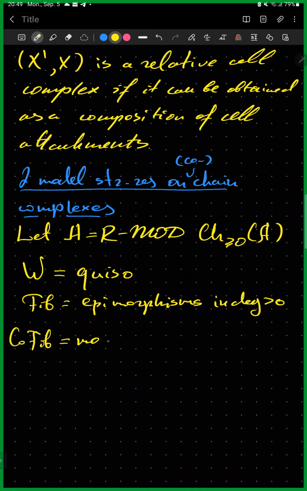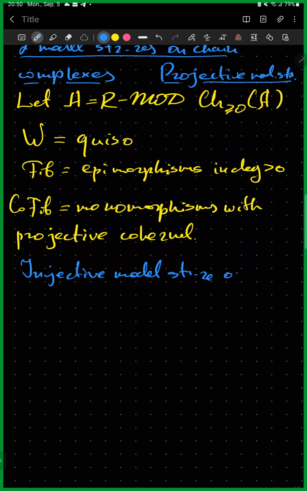Dually, one may define an injective model structure, so that this is a projective model structure on chain complexes. One may also define an injective model structure, but now on cochain complexes, and this is done very similarly, so weak equivalences are the same.